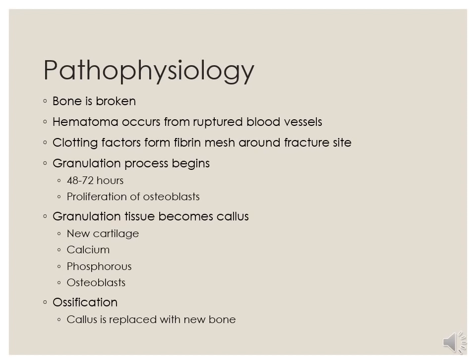The patho of this, we have 4 different stages. The first one, the hematoma forms, and then the second stage, where that cartilage callus forms over the bone. The third stage, we have a bony callus, and then the 4th stage, remodeling occurs.